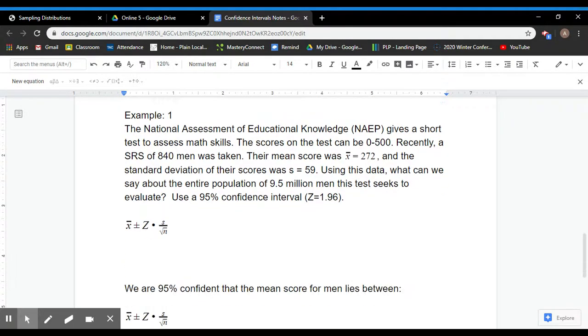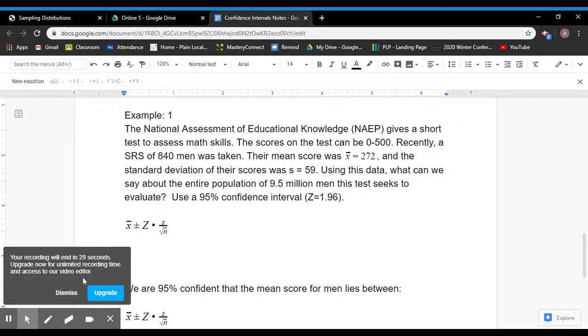So, first example of working through this formula. The National Assessment of Educational Progress, or NAEP, gives a short test on math skills. Scores on that test can be anywhere from 0 to 500. Let's say that recently an SRS, which stands for Simple Random Sample, of 840 men was taken.